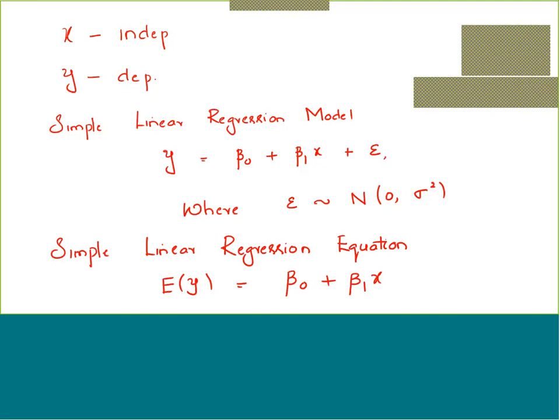So we estimate them with small b naught and small b1 for a given sample of x's and y's.